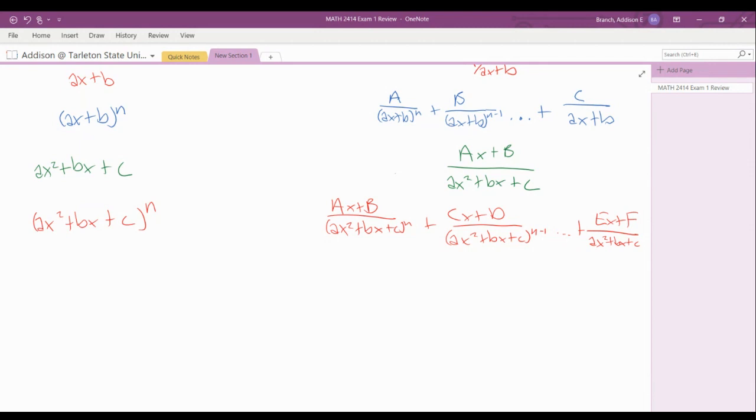And if that factor is raised to another power, you have to take that into account and just do additional terms. You typically won't see that often, but you can do that.